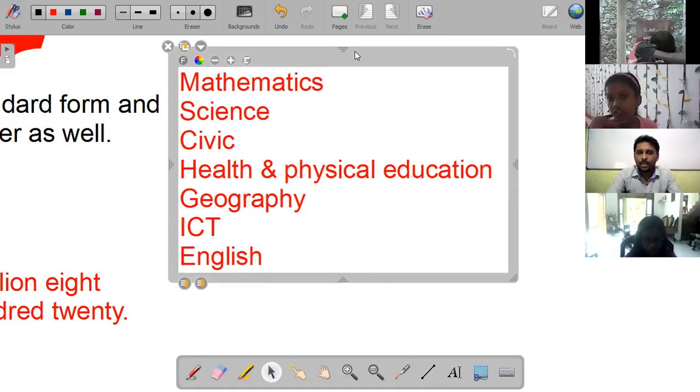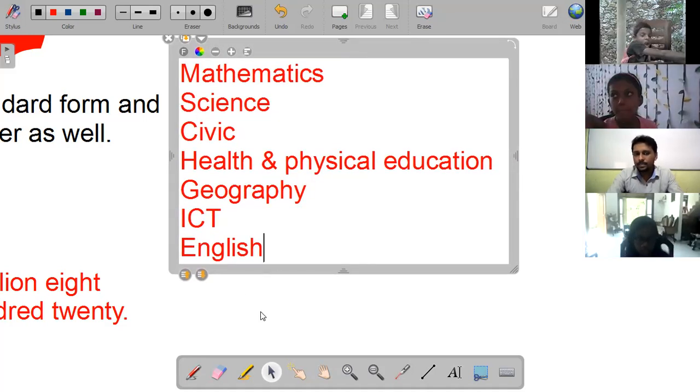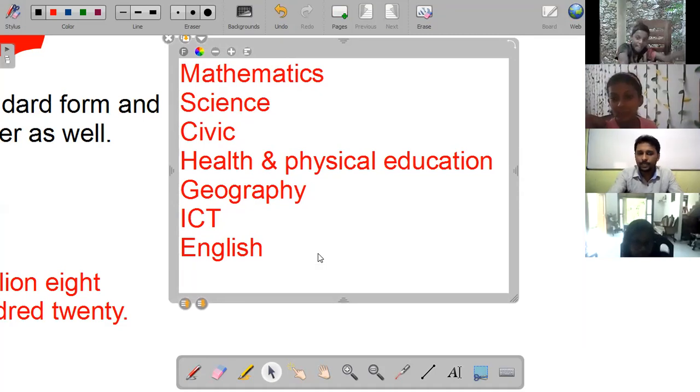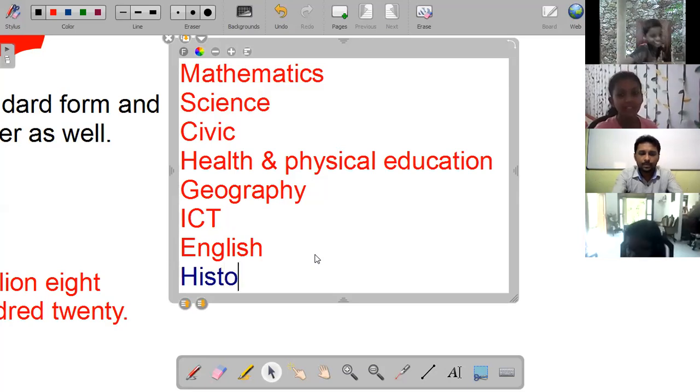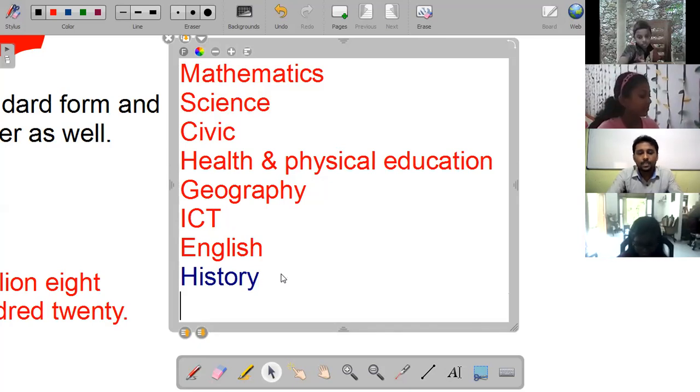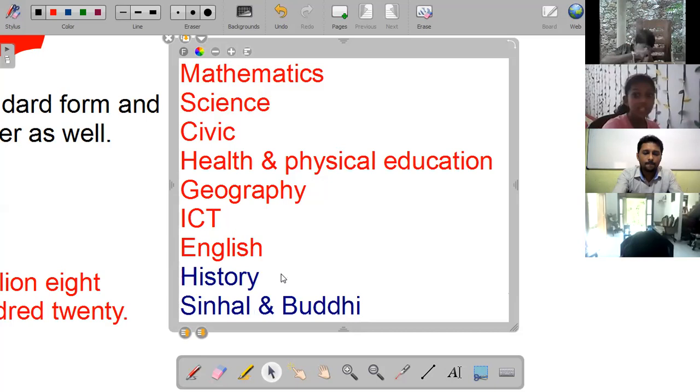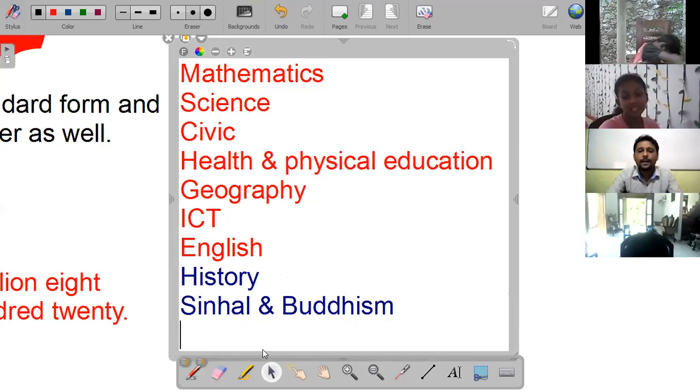And the other subjects I think you have to study in Sinhala medium. What are the other subjects? Yes, I will type here: history, in Sinhala, and Buddhism, and Tamil.